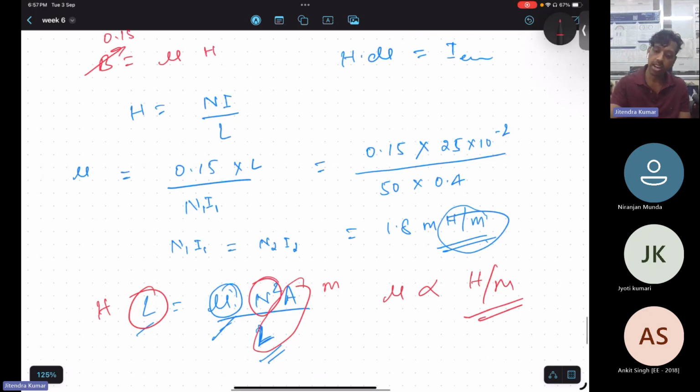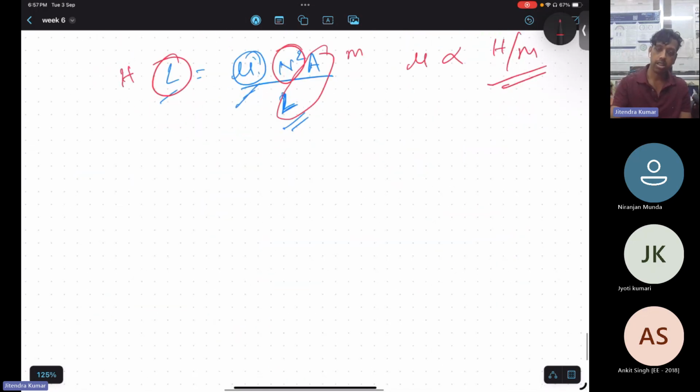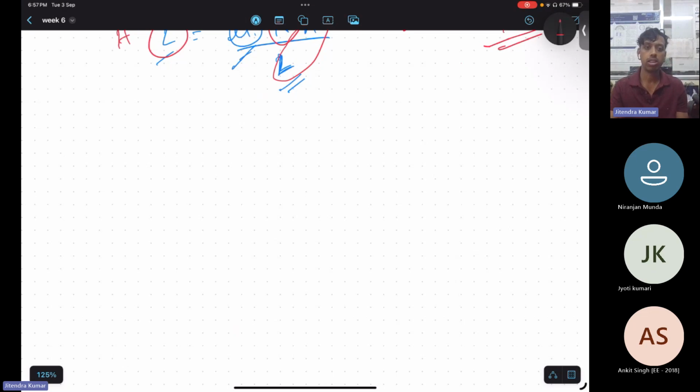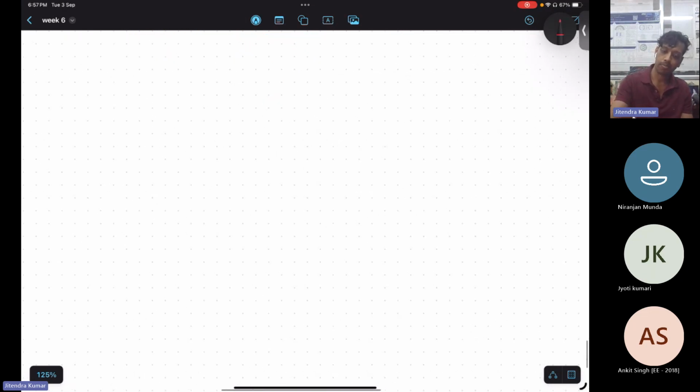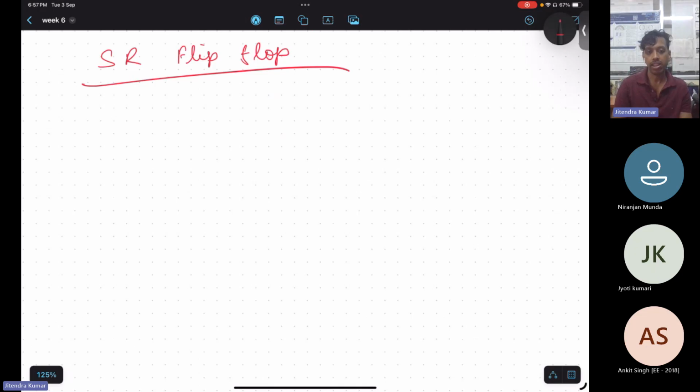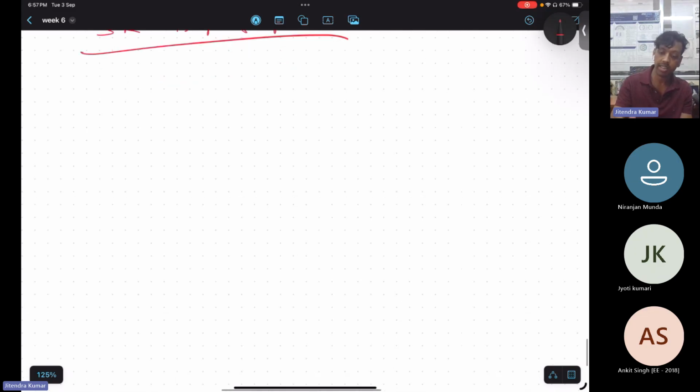So for that purpose, let us start with SR flip-flop. The SR flip-flop is given in the question, and you need to identify what kind of characteristics of output will be there. So how could an SR flip-flop be designed?